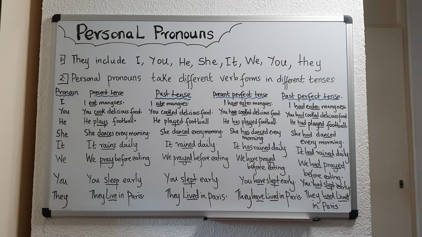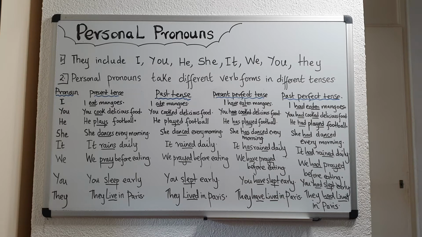Now, in the present perfect tense, it becomes I have eaten mangoes. So when you choose the pronoun I in the present perfect tense, you have to combine it with have.